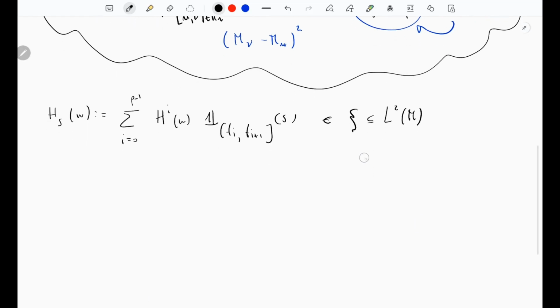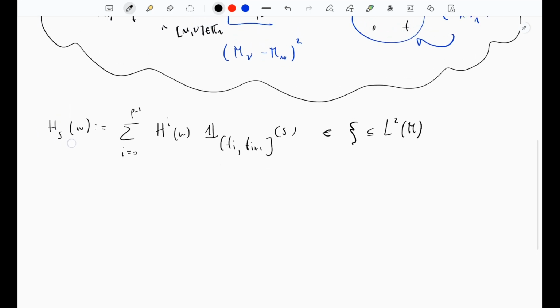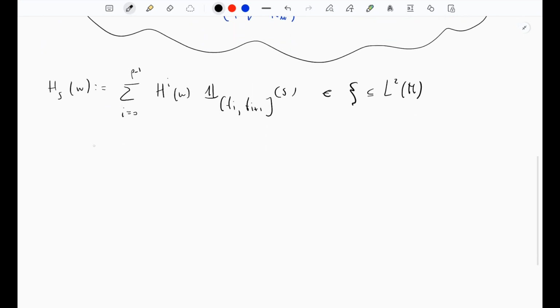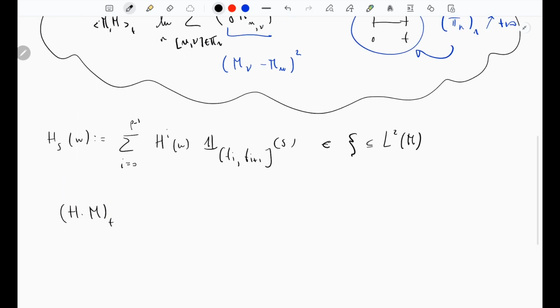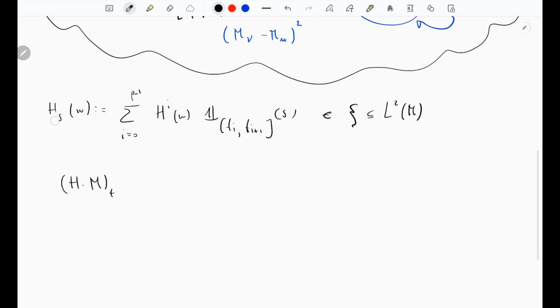Okay, we're going to be using elementary processes to then go on to an argument by density, which is how the Ito integral, as the stochastic integral is also called, is eventually defined, because you need to prove the limit exists of what? Of this. So you integrate H, which is in L2(M), remember?